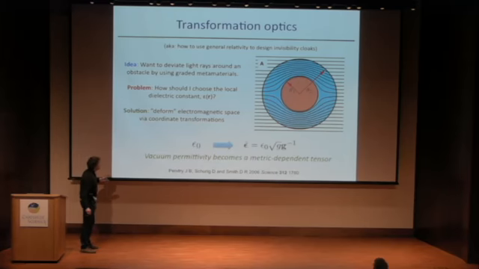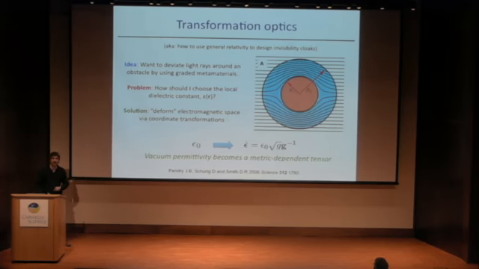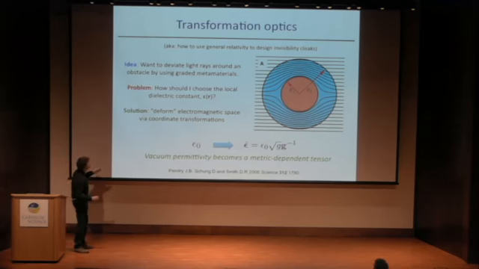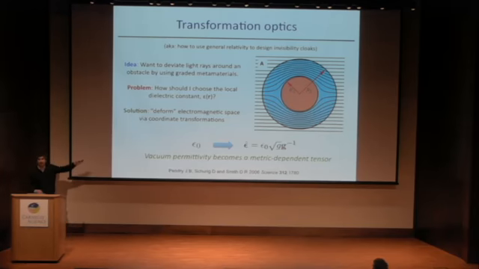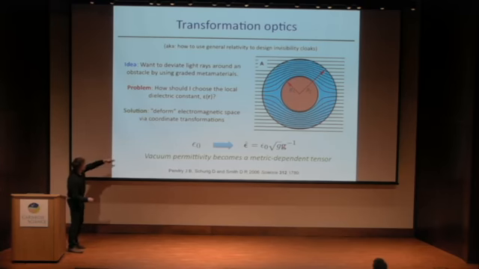You just need to consider that the vacuum permittivity becomes a metric-dependent tensor, and otherwise, you can work as if you were in a rectilinear space. And these techniques have been used to design invisibility cloaks via coordinate transformation, which is essentially to deviate light rays around an obstacle.